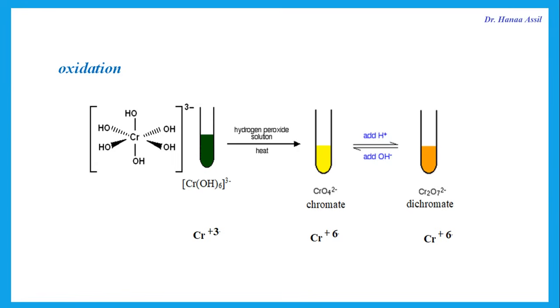So remember, hydrogen peroxide on the chromium water complex, which is a green solution, oxidizes the chromium 3+ to chromate, chromium +6. If we add acid to the chromate, it becomes dichromate, Cr2O7 2-, and that's orange. And the orange, again, if we add a base, returns back to the chromate ions, which are yellow.